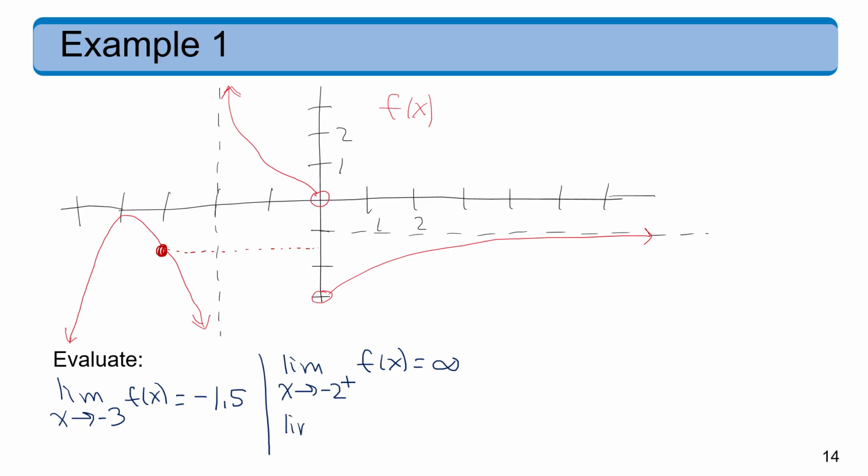Now let's do similar, except x approaches -2 from the left. Right, the minus sign means from the left. So approaching this, here's -2, approaching from the left means we're following along this curve, and it's going down forever towards negative infinity.